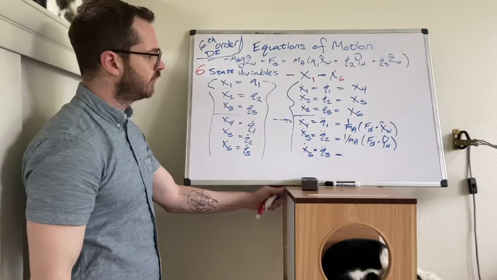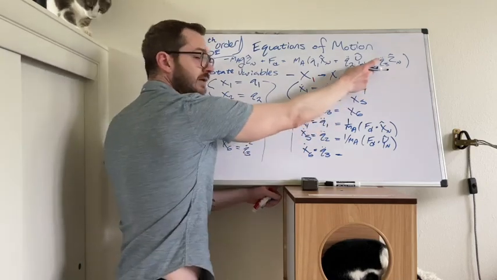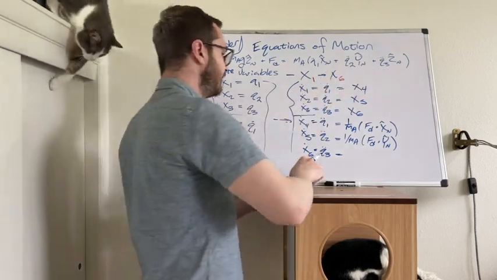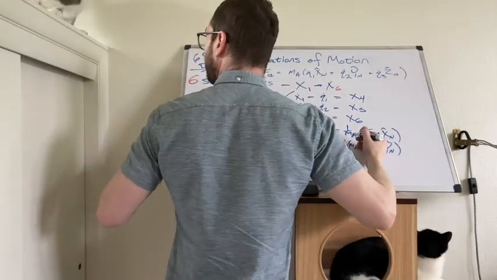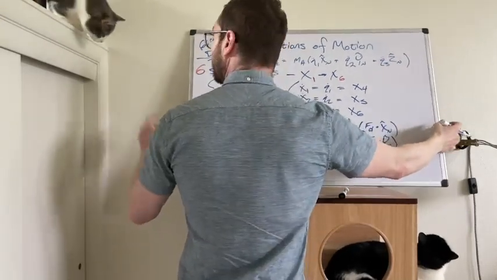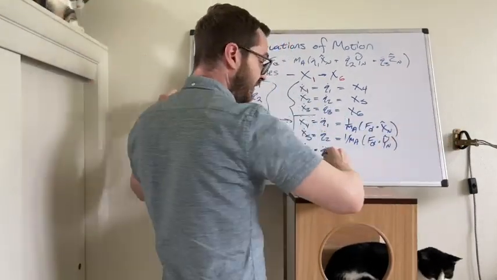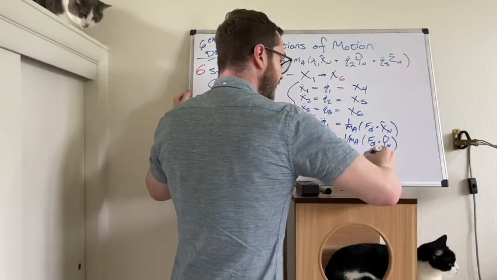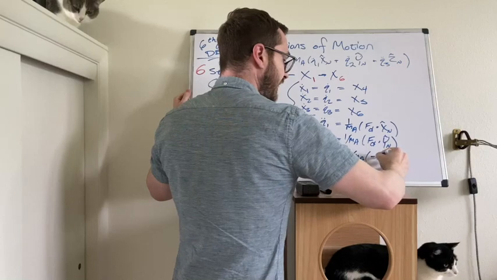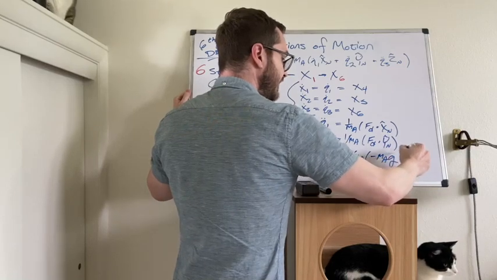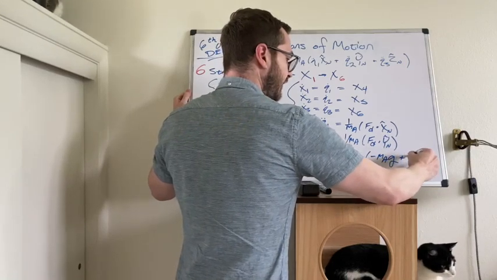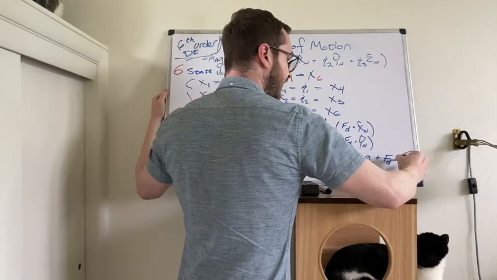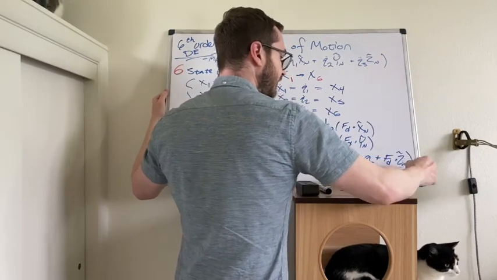And then of course the last one, you take the third of those scalar equations and solve for the q3 double dots. You get 1 over ma, and then it's minus mag plus fd dot zn.